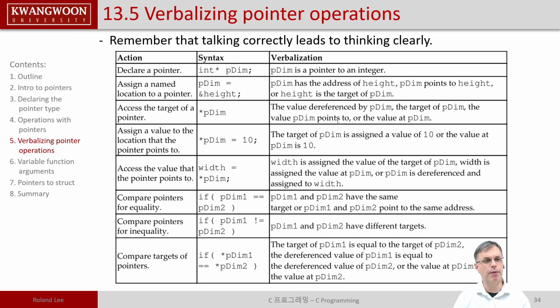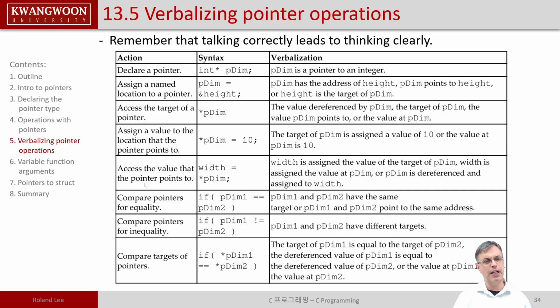Then again, access the target of a pointer through *pdim. The value dereferenced by pdim, the target of pdim, the value pdim points to, or the value at pdim. Then assign a value to the location that the pointer points to: the target of pdim is assigned a value of 10, or the value at pdim is 10.